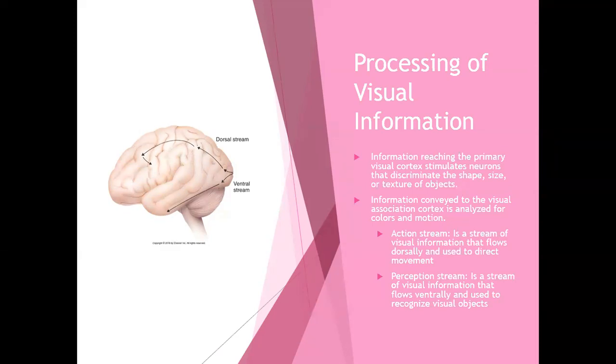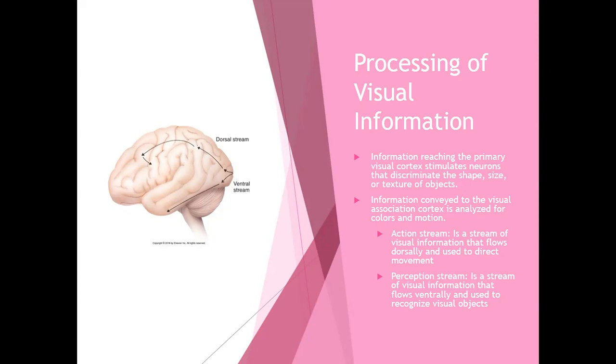Information that reaches the primary visual cortex stimulates neurons that discriminate the shape, size, and texture of objects. Information conveyed to the visual association cortex is analyzed for colors and motion. So there's a lot going on. It's not just that we see something and we know what it is.